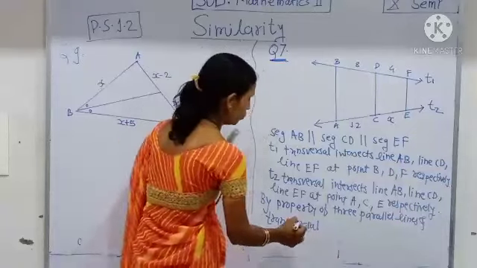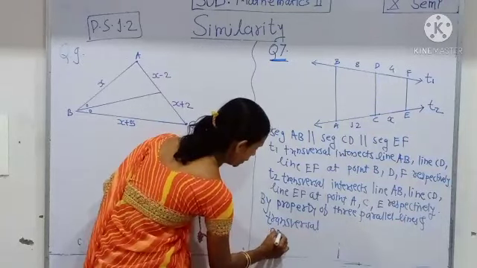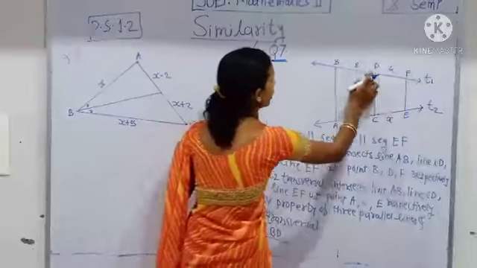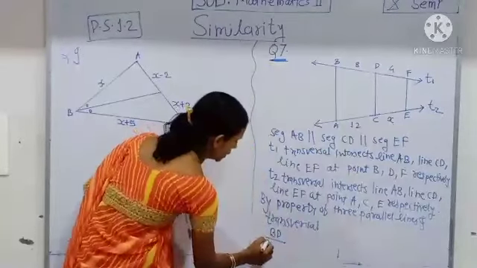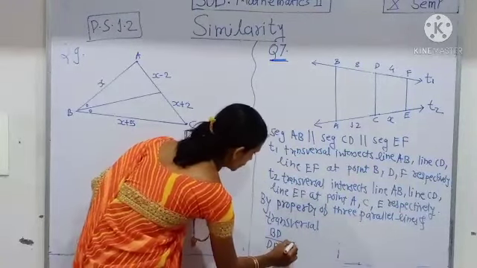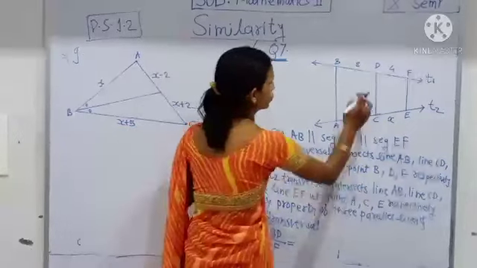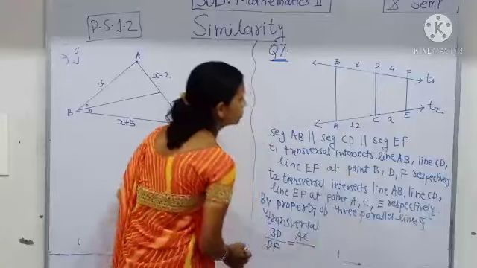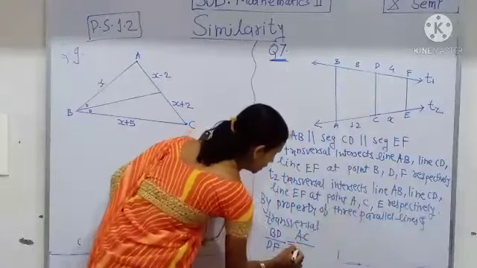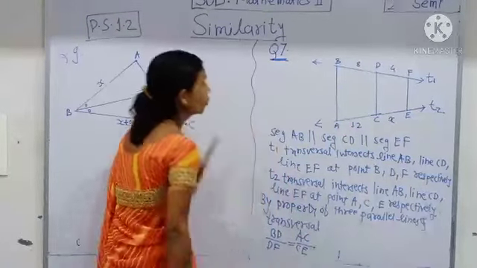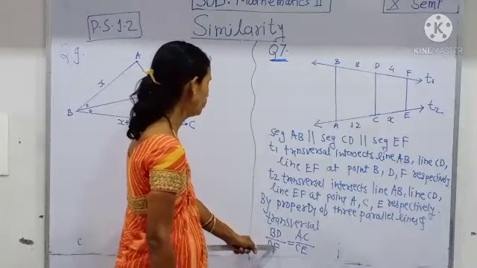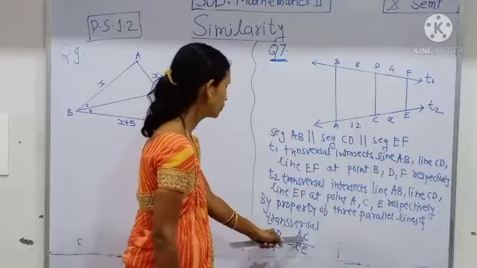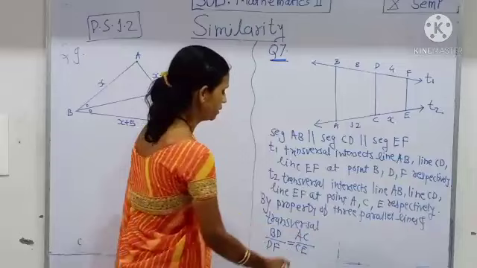then we have to write BD upon BF is equals to AC upon CE, putting the values of BD, DF, AC and CE.